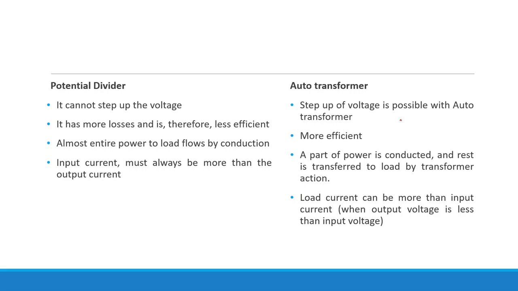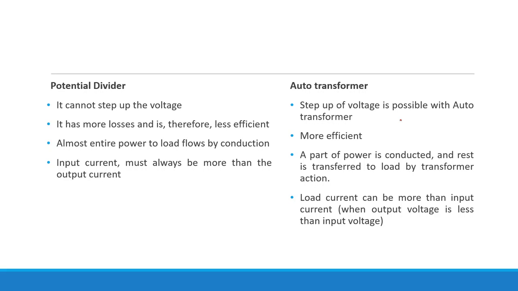When we compare auto transformer with potential divider, the comparison is always possible with the same rating. At that time the auto transformer may be more efficient. In a potential divider, whatever power flows or is transferred is due to conduction only.